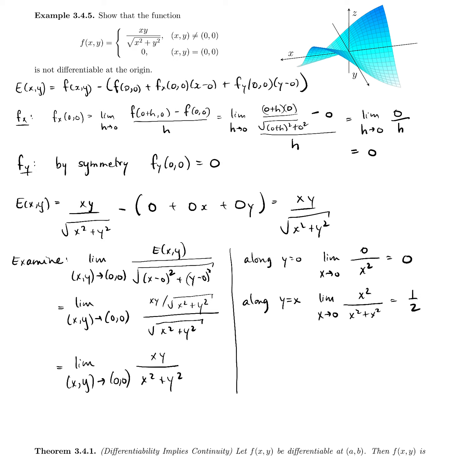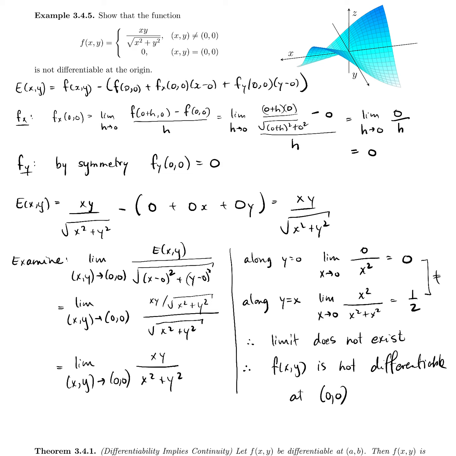So since the limit is different along two different paths, that's not equal, therefore the limit does not exist. And if that limit does not exist, the function f of xy is not differentiable at the origin.